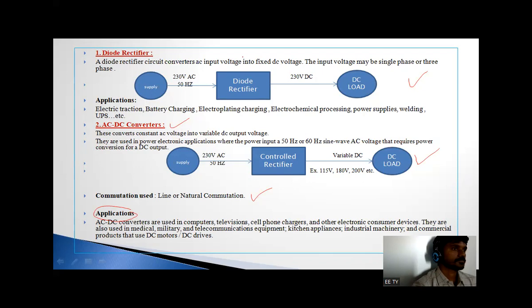Draw this. Also write the applications. Write all of this, write the main points.